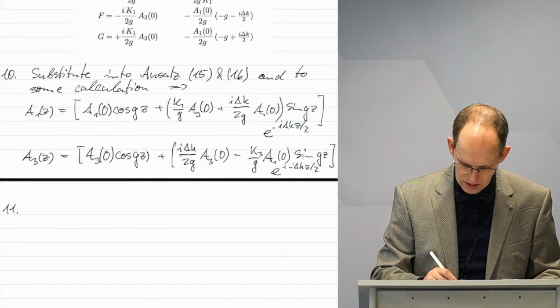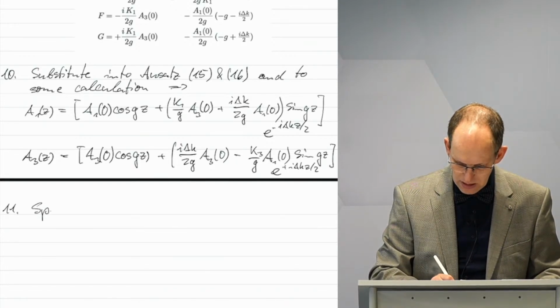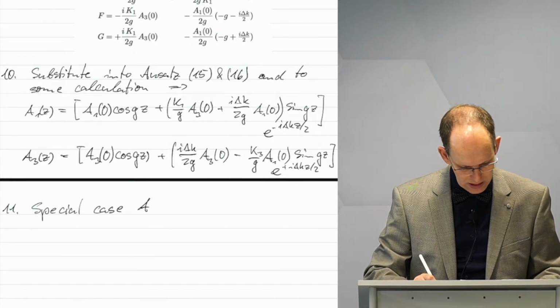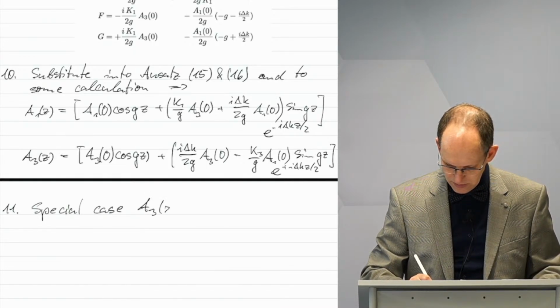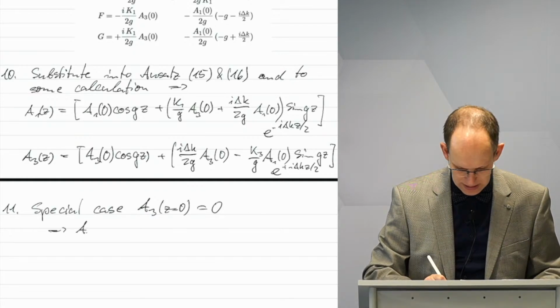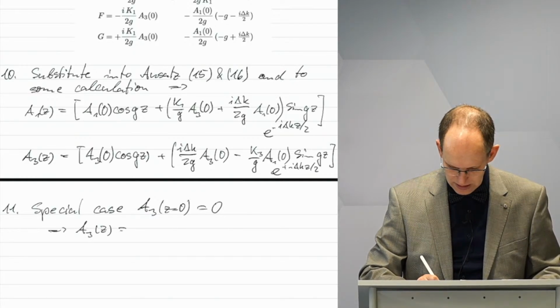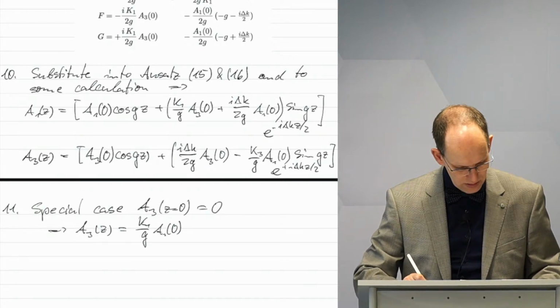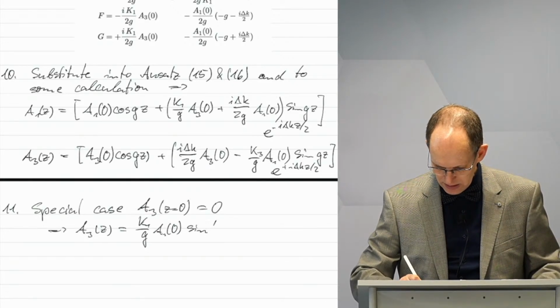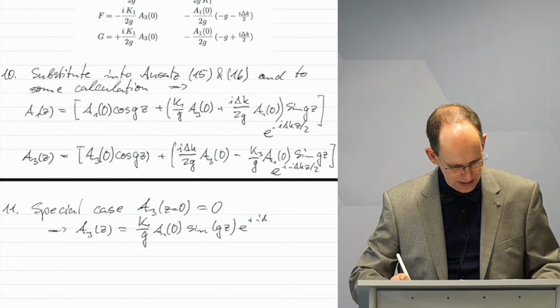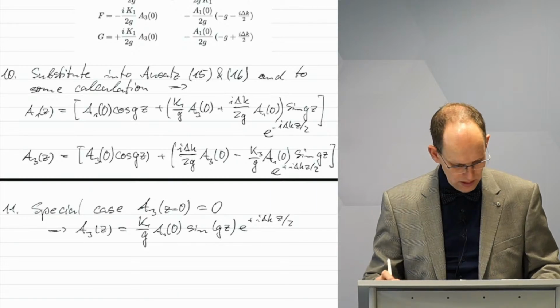So we use the special case, the special case A3 of z equal to 0 is 0. And then we get A3 of z is equal to K1 divided by G, A1 of 0 times the sine of G times z, e to the plus I delta K z over 2. Right?